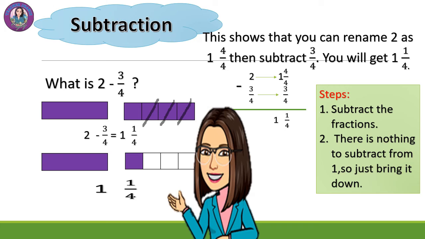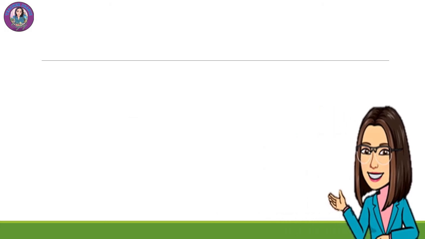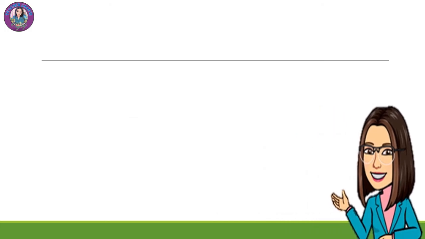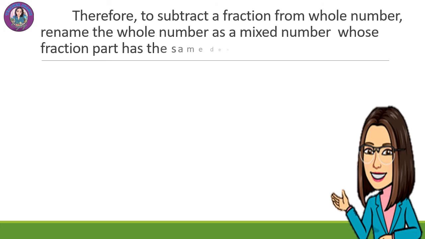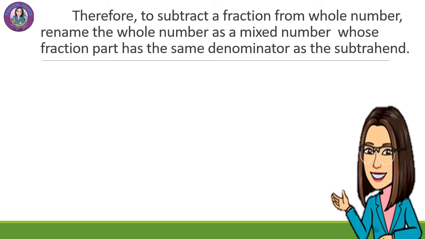There is nothing to subtract from whole number 1, so just bring it down. Therefore, to subtract a fraction from a whole number, rename the whole number as a mixed number whose fraction part has the same denominator as the subtrahend.